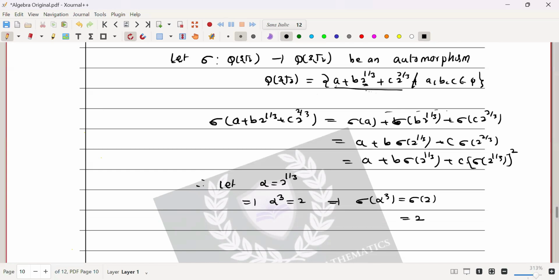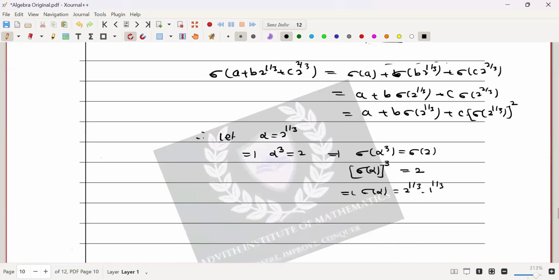So sigma of alpha cube is sigma of alpha whole cube, which implies sigma of alpha is equal to 2 power 1 by 3 into 1 power 1 by 3, that is 2 power 1 by 3 into 1, 2 power 1 by 3 into omega, and 2 power 1 by 3 into omega squared.